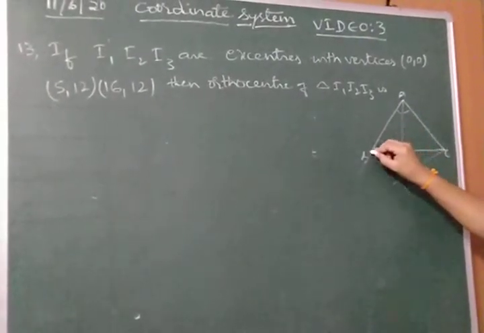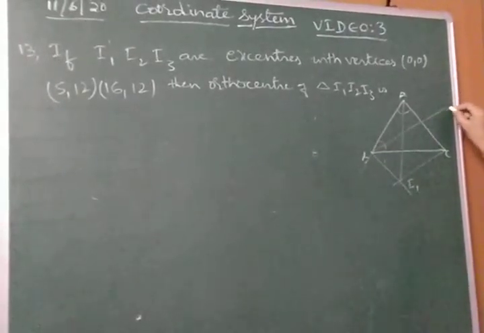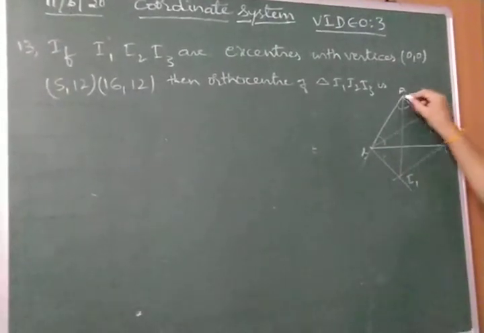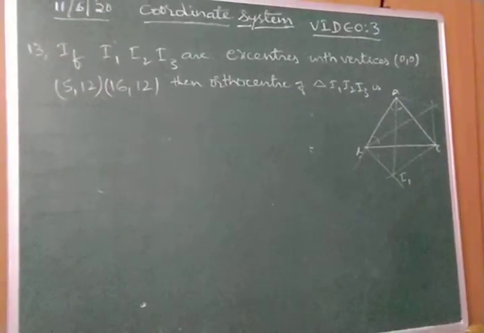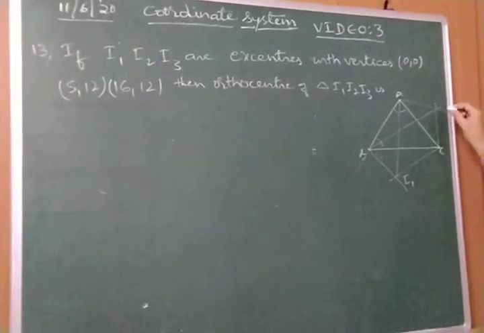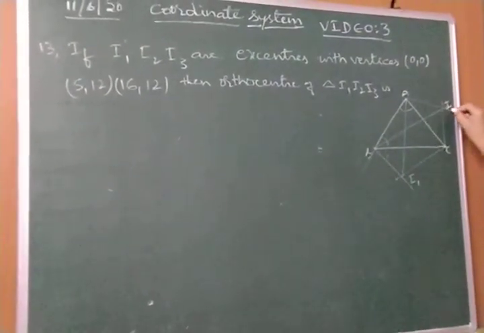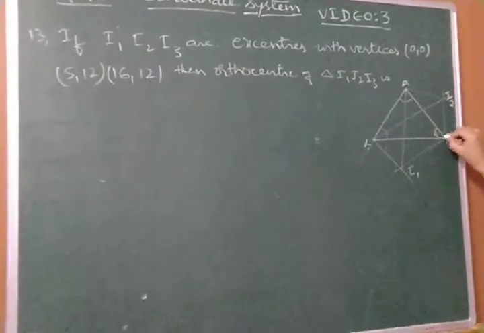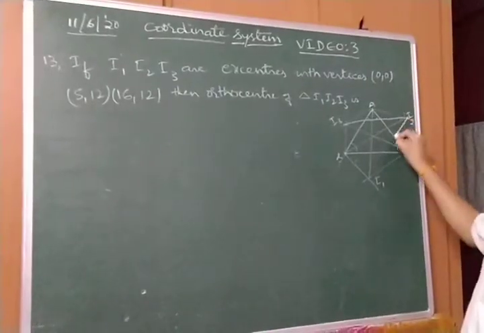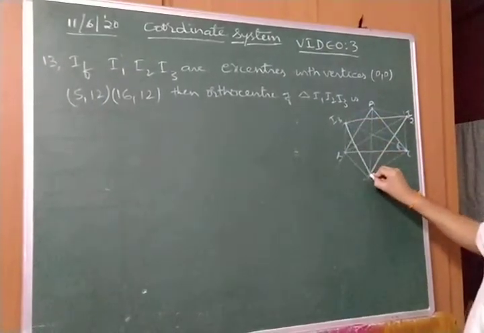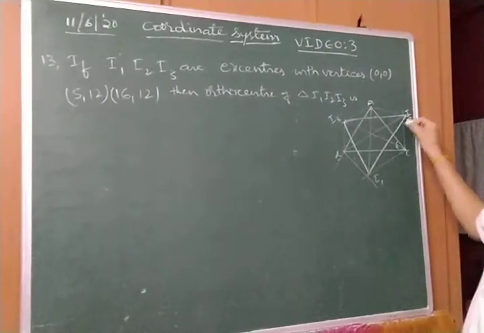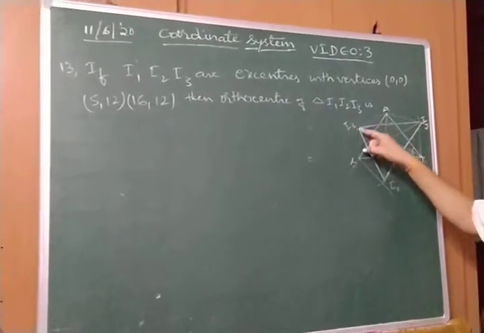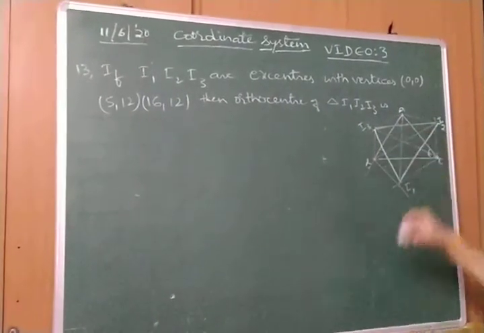The internal angular bisector of one vertex and the two external angular bisectors of the others are concurrent. Their point of intersection is called I2. Likewise the internal angular bisector of C and the external angular bisectors of the triangle meet at I3. The orthocenter of triangle I1, I2, I3 is the incenter of triangle ABC.